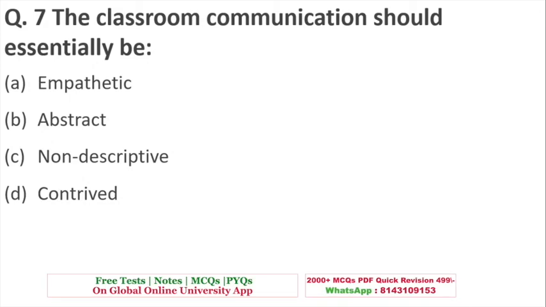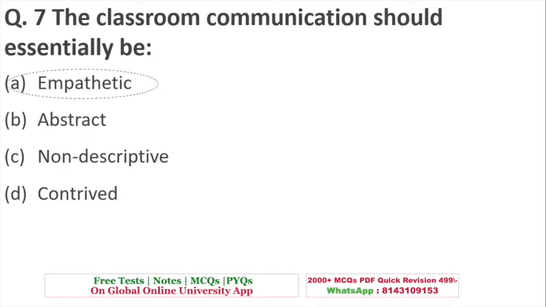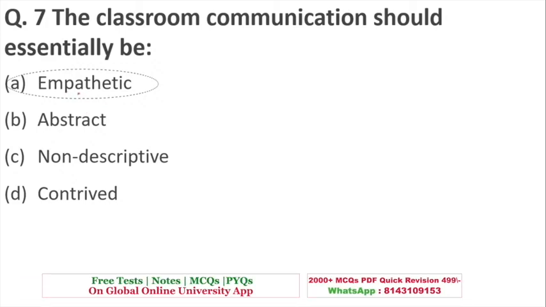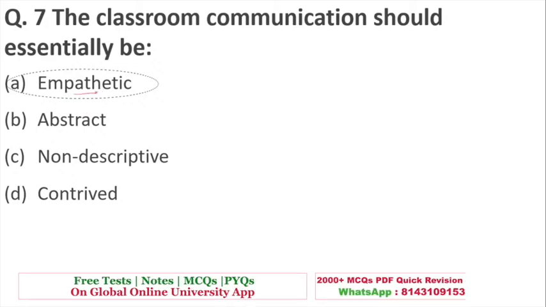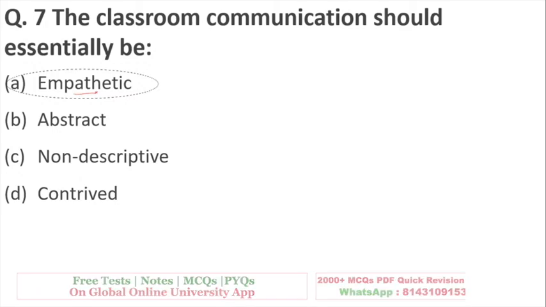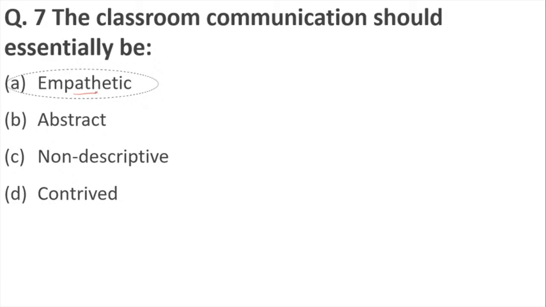Classroom communication should be empathetic. Empathy is actually a higher form of sympathy. We should keep the feelings of each and every one in mind, because we have people of different cultural, social and political backgrounds. So we should not hurt the feelings of others.